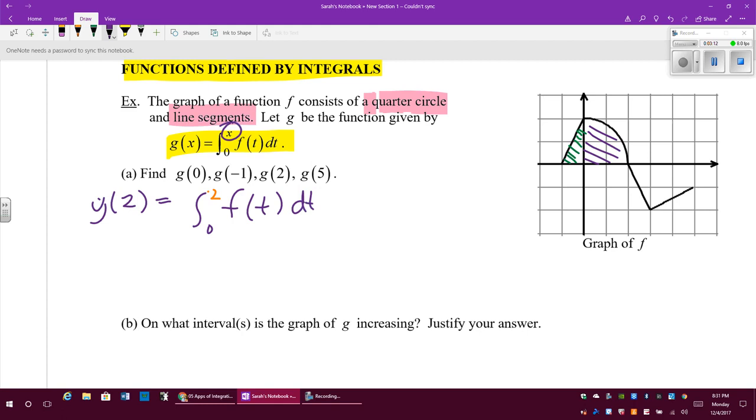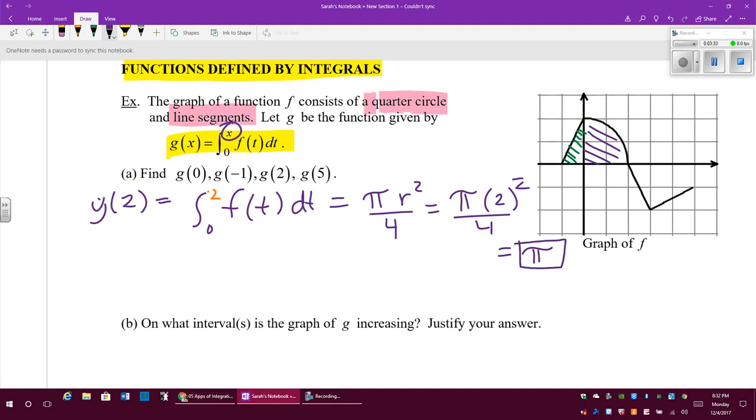The area of a quarter circle would be pi r squared, but instead of cut in half, it'll be cut in fourth because it's a fourth of the circle. And I can clearly see that the radius is 2, so pi 2 squared over 4, which is going to give me a value of pi.